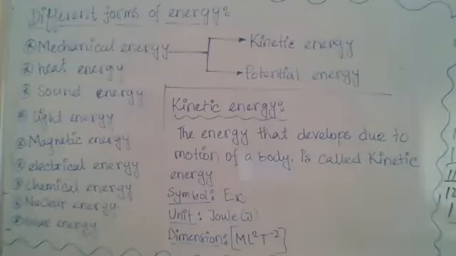Without force, an object will not move. This is inertia: if you do not apply a force, the static body will remain static. Making another object move means a force has been applied, and traversing a distance. Traversing means covering or traveling. Traveling a distance due to this force means work is done here.